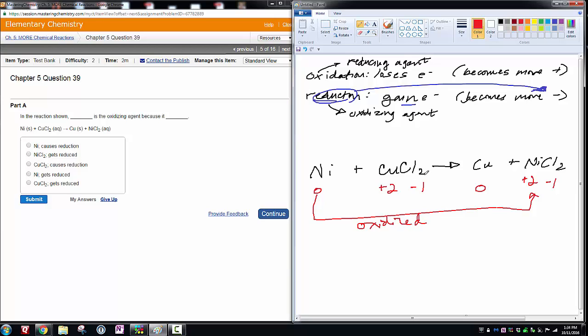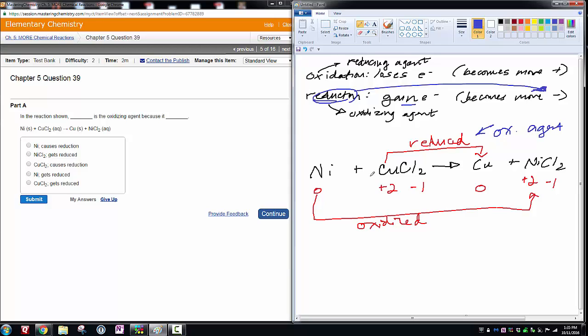And chlorine went from -1 to -1, so it didn't change, but copper went from +2 to 0, so it was reduced. Okay, so what question did they ask? They said, what is the oxidizing agent? Remember, the oxidizing agent is not oxidized because it helps something else be oxidized. Therefore, this would be the oxidizing agent.